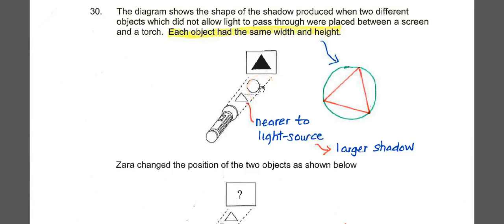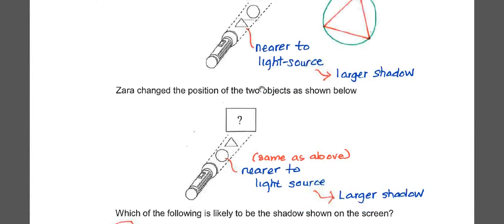Alright, so the similar thing happens here. Now if you change them to the same size, we should be able to have a bigger circle that covers the triangle, right? The principle is, if this circle is nearer to the light source, the shadow will be larger than something over here.